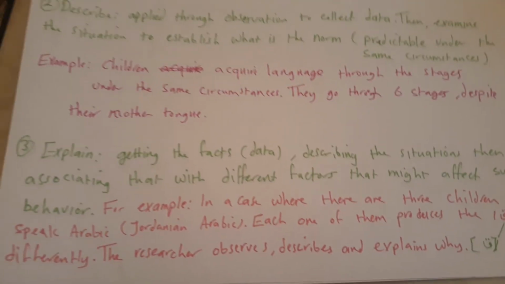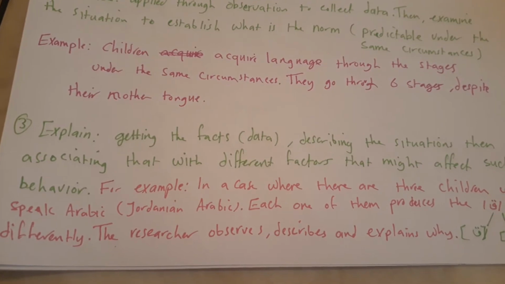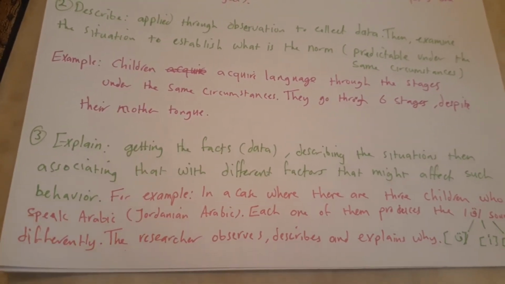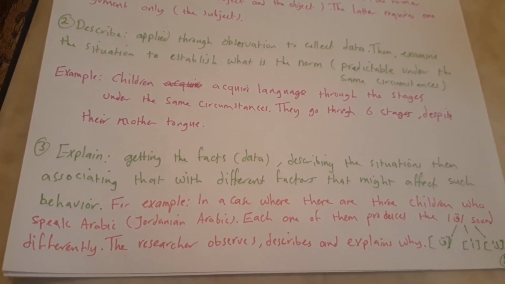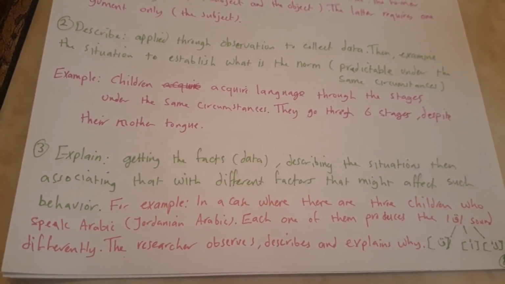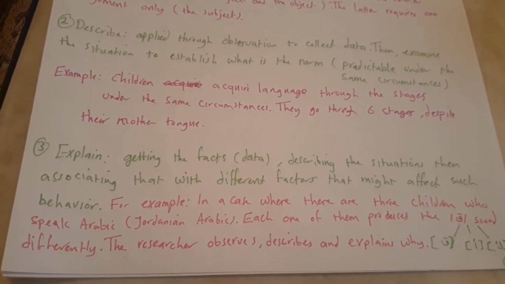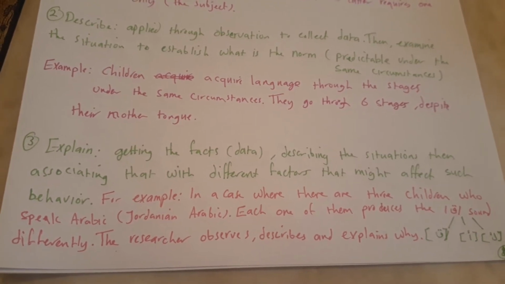Number 3, explain. Now you do that by getting the facts. First, you collect data, then you describe them or describe the situation you have. After that, you try to associate or link that with different factors that might affect such behavior. For example, let's say that we have 3 children who speak Arabic.